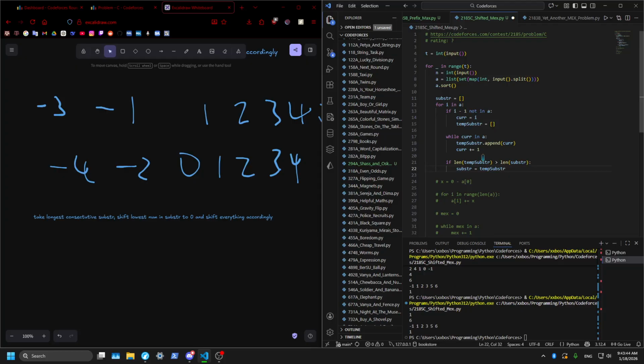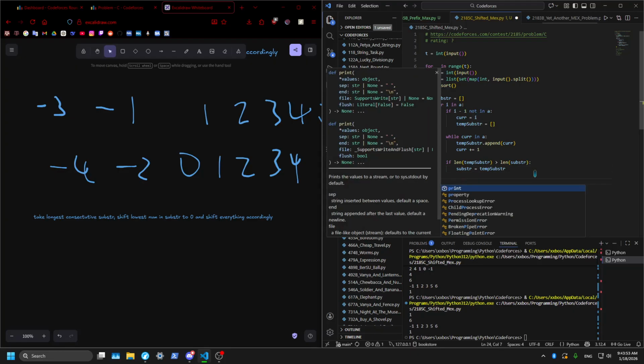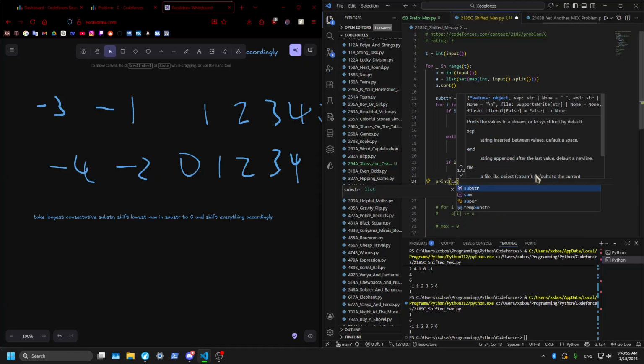Okay, this should get the longest substring. Print substring.